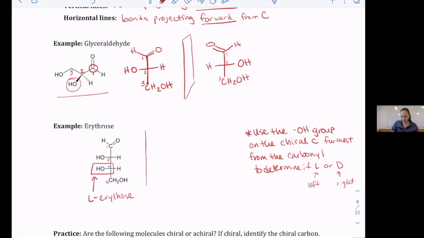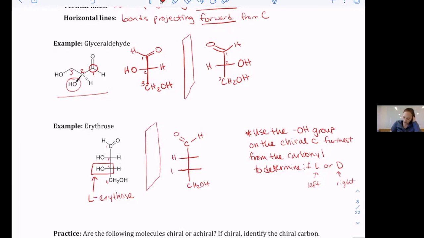Let's draw our enantiomer and show that it's the opposite. So we will have our carbonyl going down, and we're going to just flip everything so that it's exactly opposite. I like to go closer to the mirror and then further from the mirror so I don't get confused.